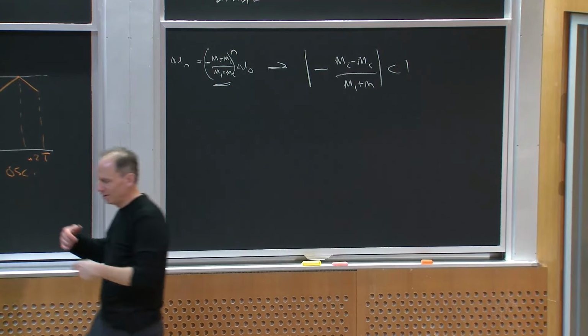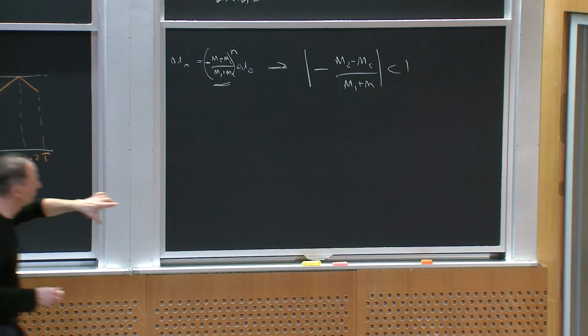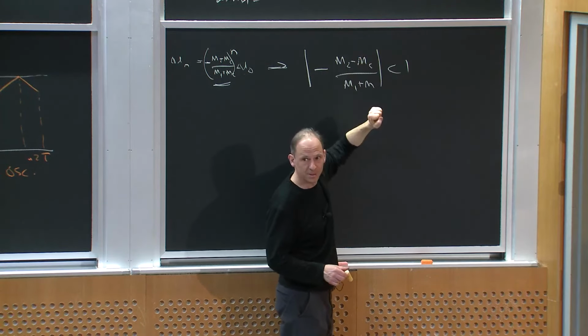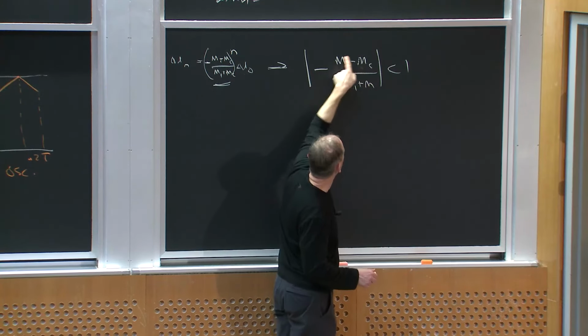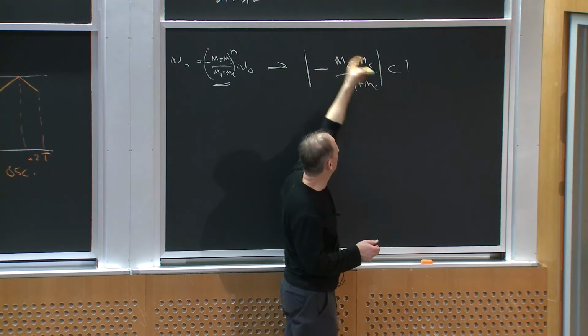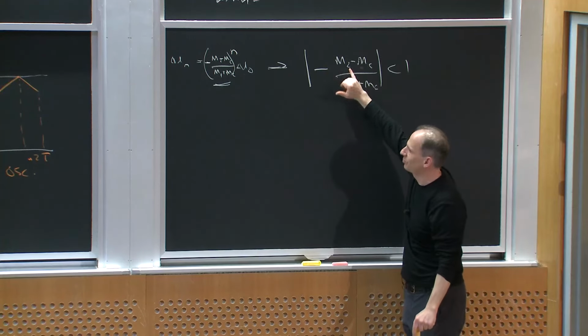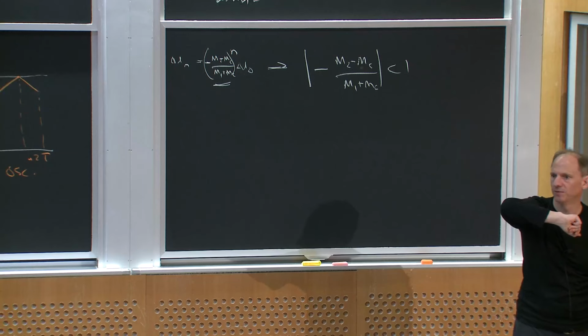I've got a sort of discrete time model, and it's going to decay if this term is less than 1. So what that usually says is that if I make MC bigger, the numerator gets smaller, and actually the denominator gets bigger. So a bigger MC will make this decay more quickly. And in fact, if I made MC exactly equal to M2, it would be gone in one cycle. All right, does that make sense to everybody?